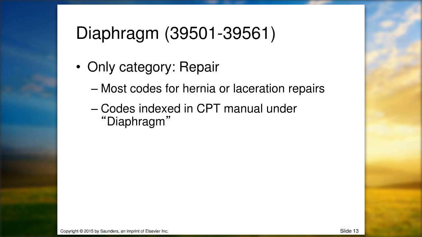And how are the hernias of the diaphragm divided out? You'll notice that they are divided out by the type of hernia, the age of the patient, neonate or other than neonate, and the approach. Is it transthoracic or combined, which could be thoracoabdominal?